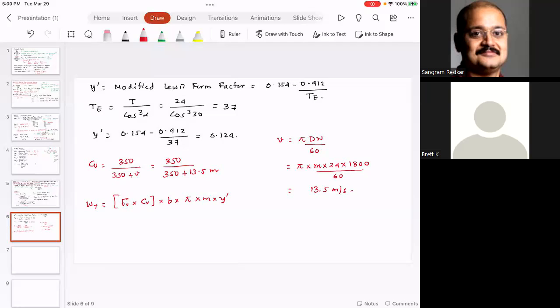And for that, we have to look at the data sheet or look at the chapter on spur gears, table, let's see. So table 28.4. So use table 28.4.